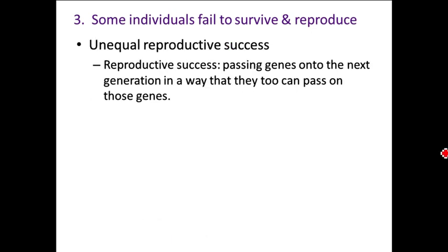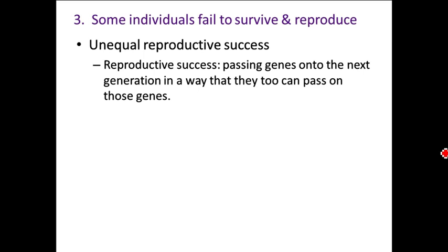And then there's also unequal reproductive success. Some individuals fail to reproduce, and that's unequal reproductive success. Reproductive success is simply the ability to pass your genes on to the next generation in a way that they can also pass the genes on. So having viable offspring that survive long enough to reproduce themselves, that's having good reproductive success.